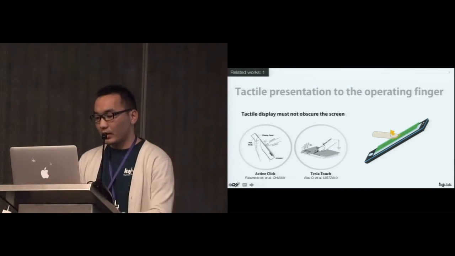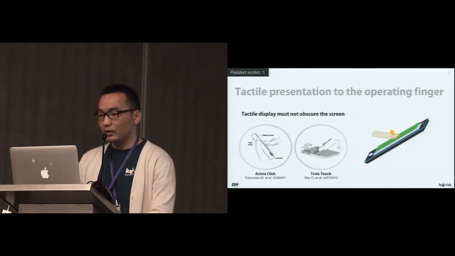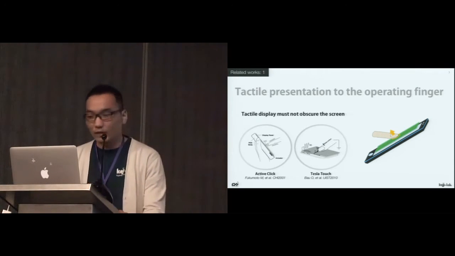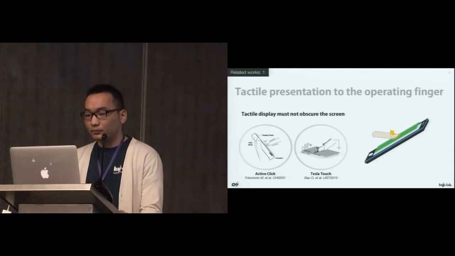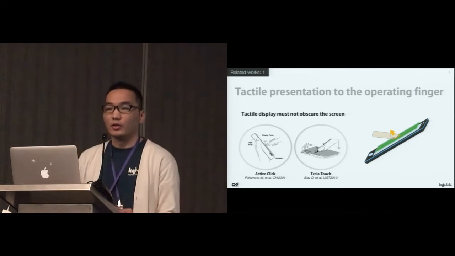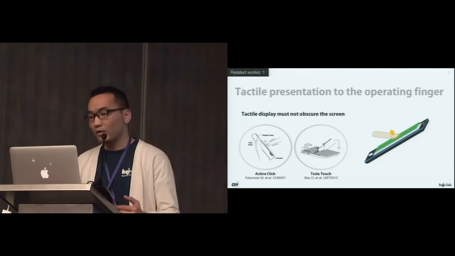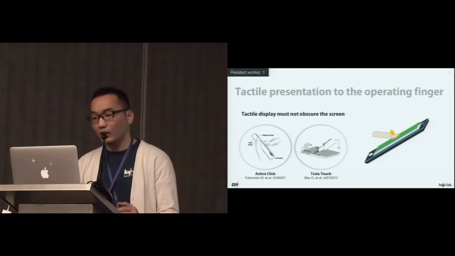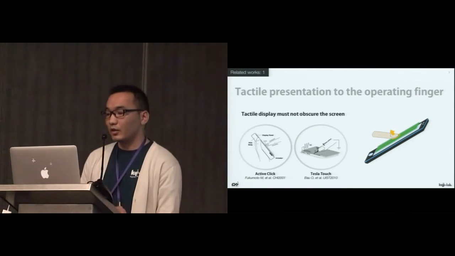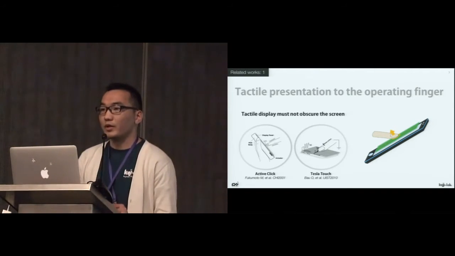While these devices have had some success, they are limited in spatial resolution, with only vibrations or rough shapes. The main issue with this method is that the tactile display must not obscure the screen. This dramatically limits the ways that stimulation can be presented.